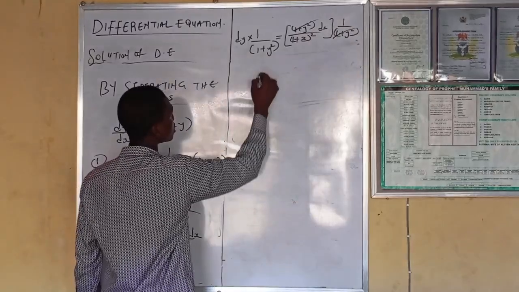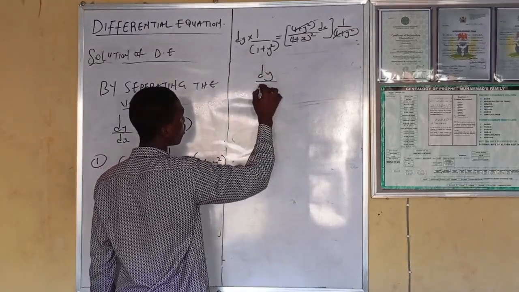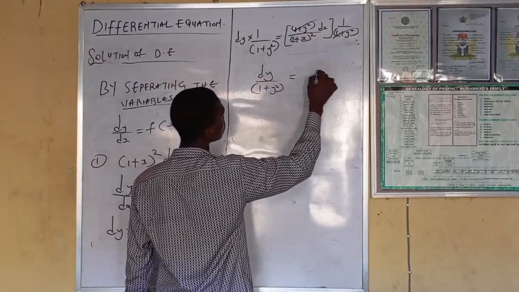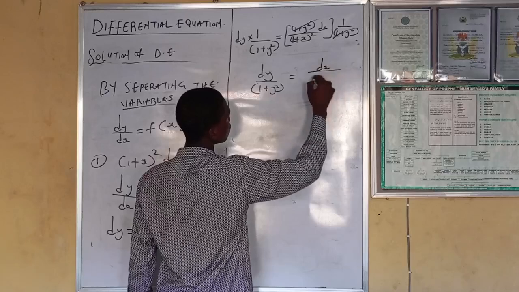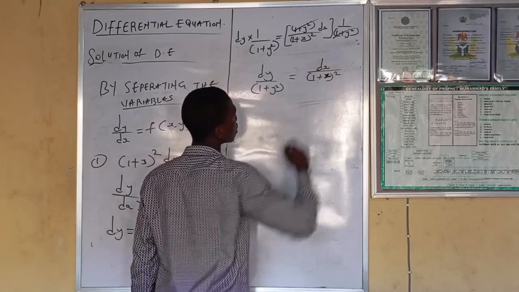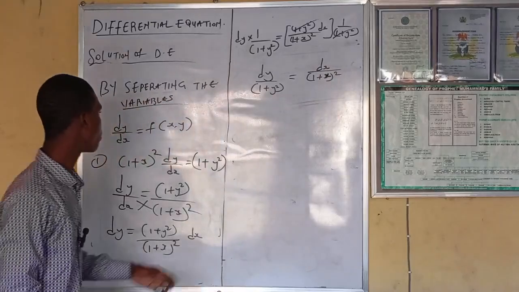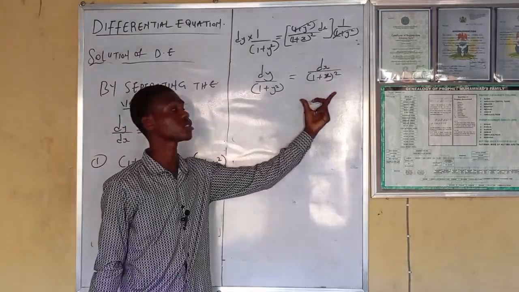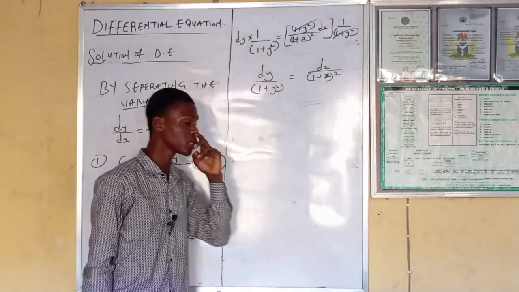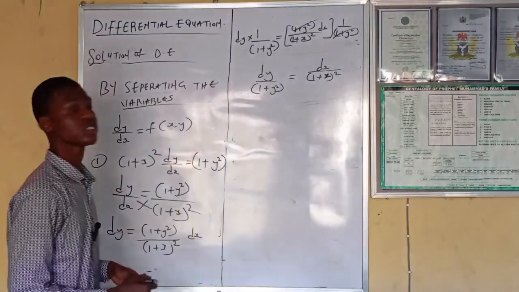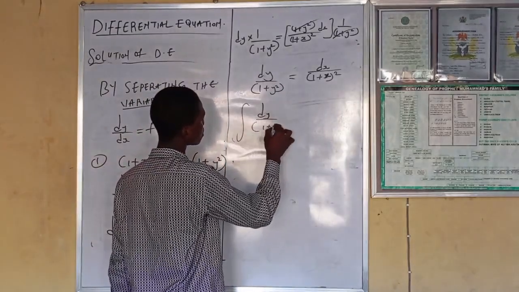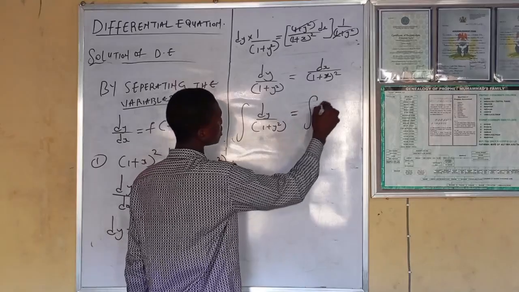You are left with dy over 1 plus y squared equals dx over 1 plus x squared. From here, we've been able to isolate the function of y from x. Then the next thing to do is to integrate both sides.